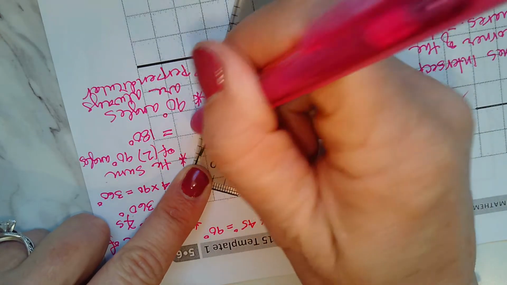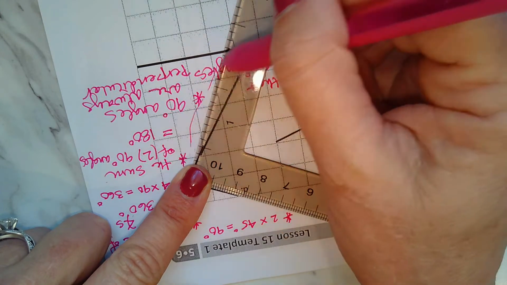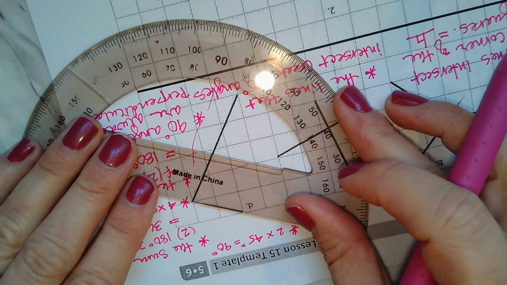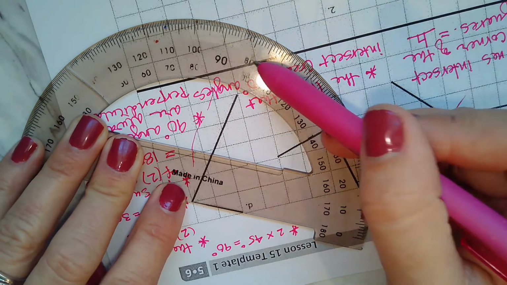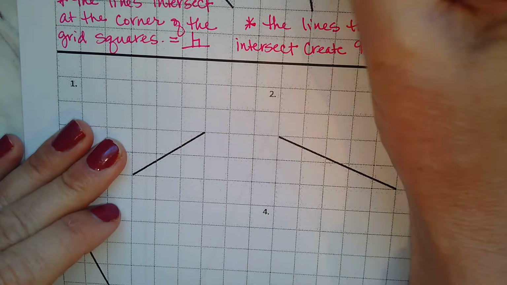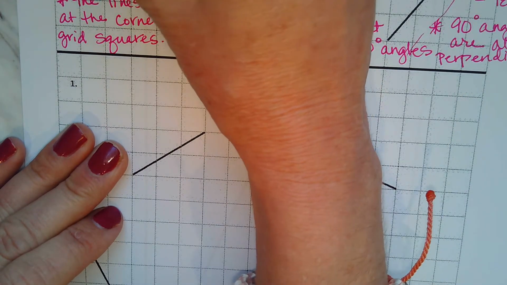No, because a 90-degree angle would fall along the outside of this ledge, right? So this angle is actually an 80-degree angle. So this one is no. This one would be yes, yes, yes.